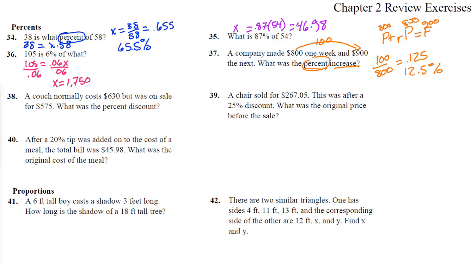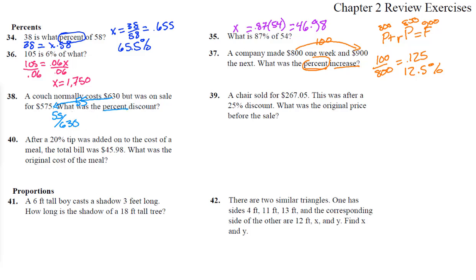All right, number 38. A couch normally costs $630, but it went down to $575. So that is a $55 decrease. And what is 55 out of 630 to make the percent discount?